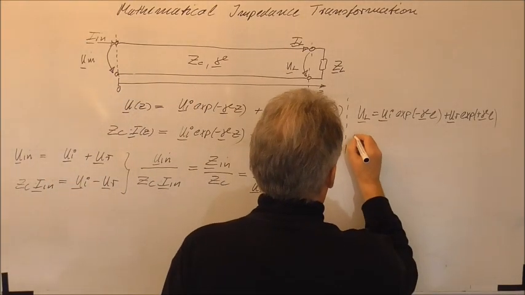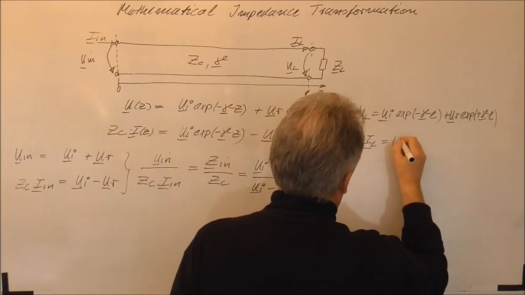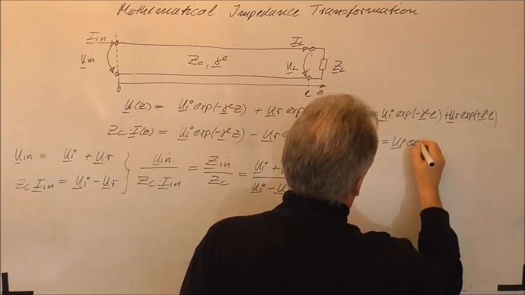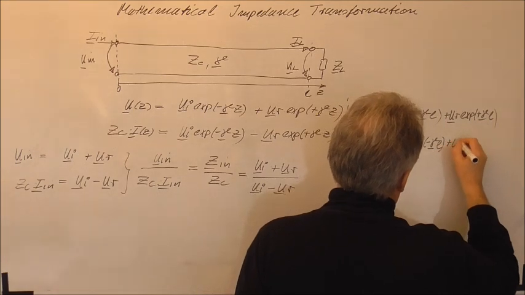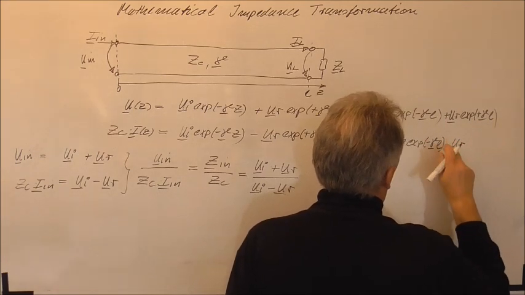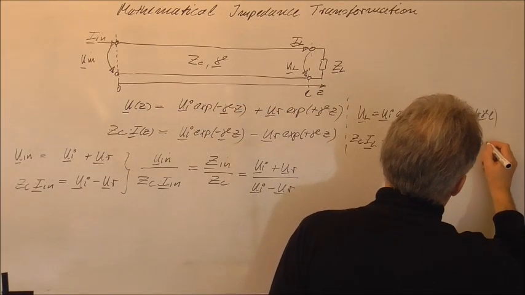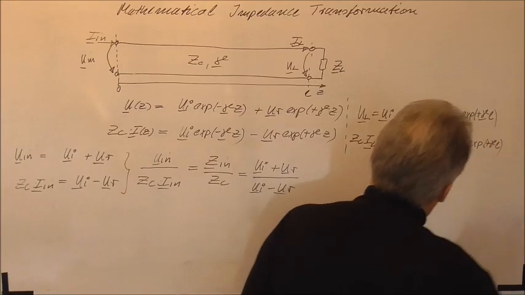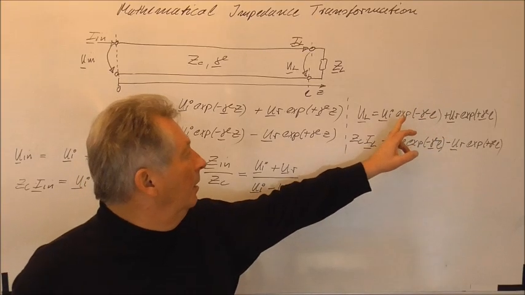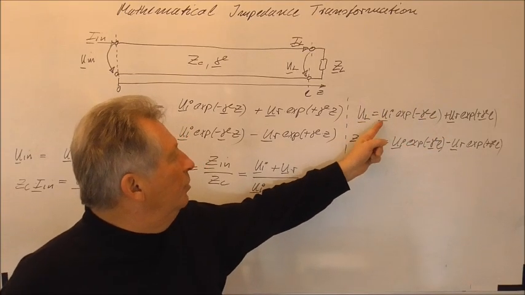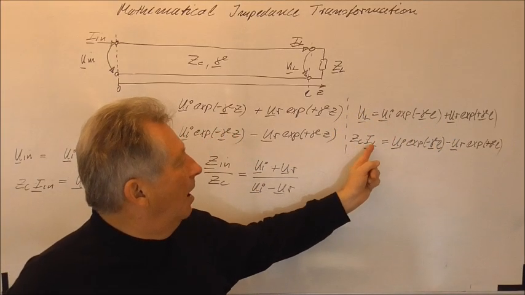So I will define Zc times IL, and this will be then ue times the exponential function of minus gamma times L plus ur, here we will have a minus sign of course, times the exponential function of plus gamma times L. So you see what we have here is two equations which give the relation between ue and ur and UL and Zc times IL.